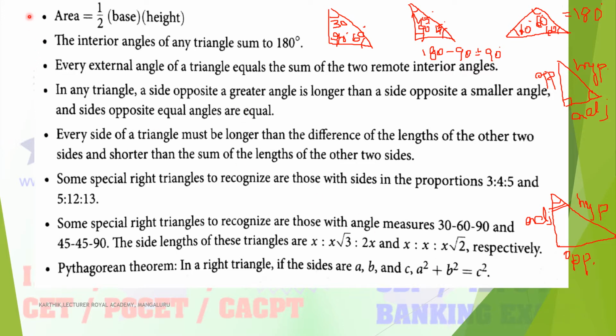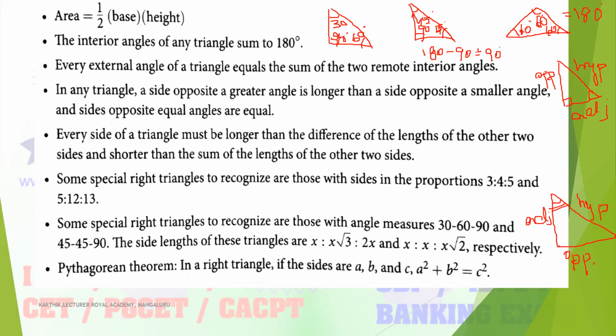Then the area of the triangle is half into base into height. Then you just remember these two relations, 30, 60, 90 as well as 45, 45, 90. This relation is required. Then this is a right angle triangle.